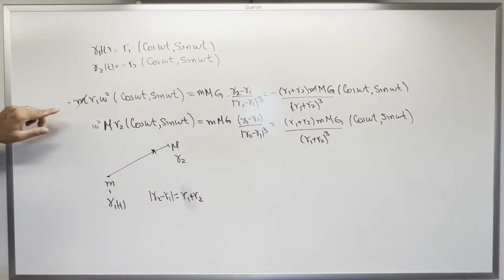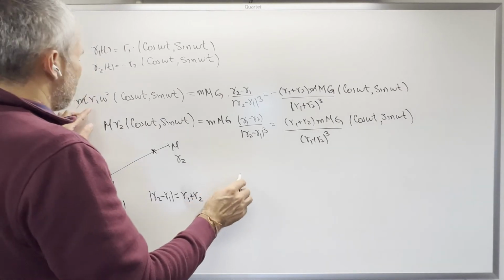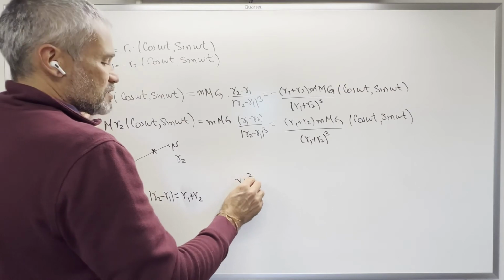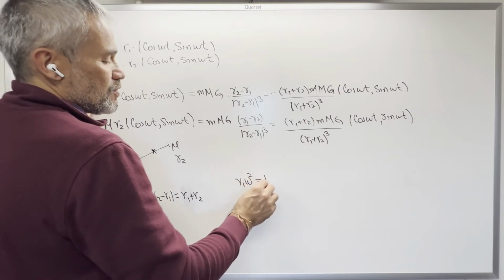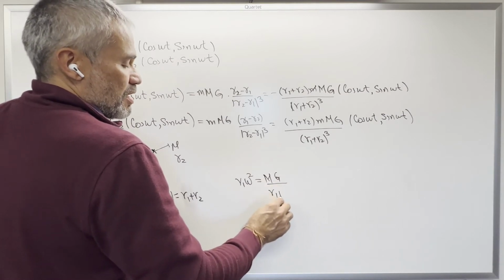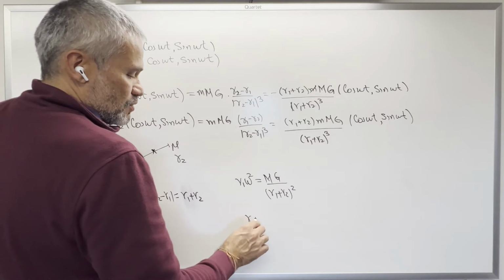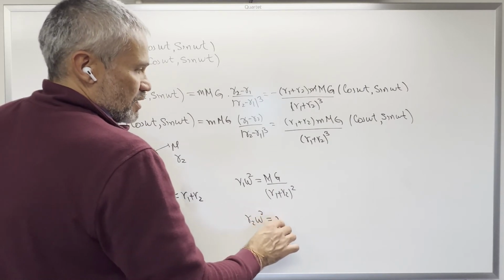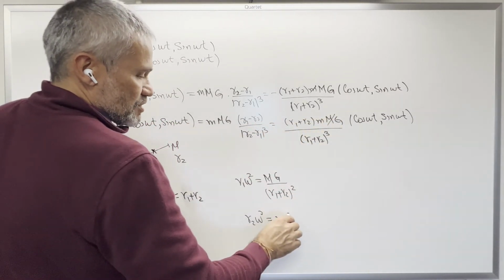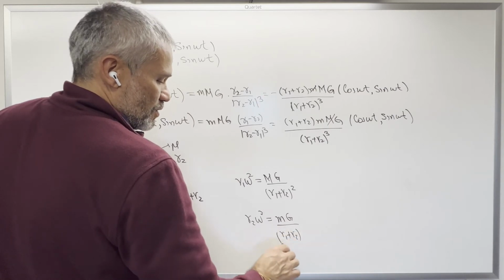And then we will get that we have a solution as long as we solve this system: r1 omega squared equal to M times G over r1 plus r2 squared, and r2 omega squared equal to m, the capital M cancels, times G over r1 plus r2 squared.